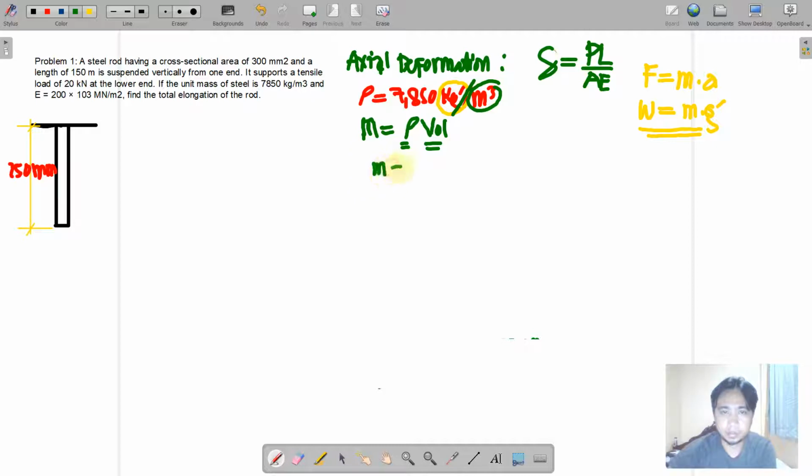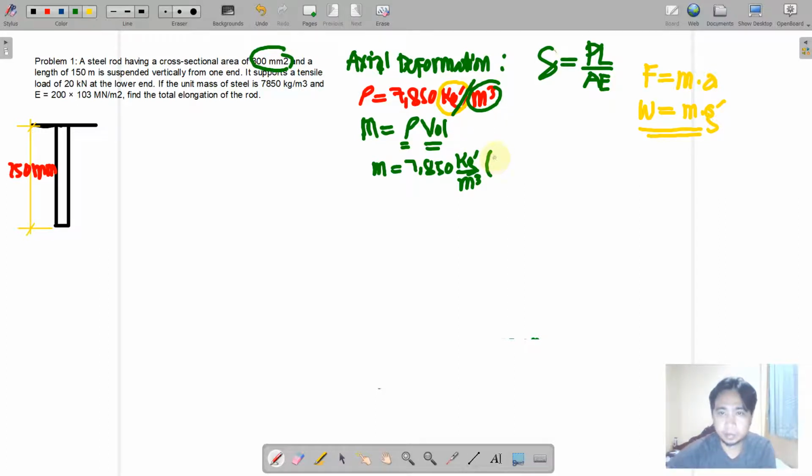So mass here is equivalent to 7,850 kilogram per cubic meter times the volume. Of course, we need to have the area, which is given here: 300 millimeters squared.